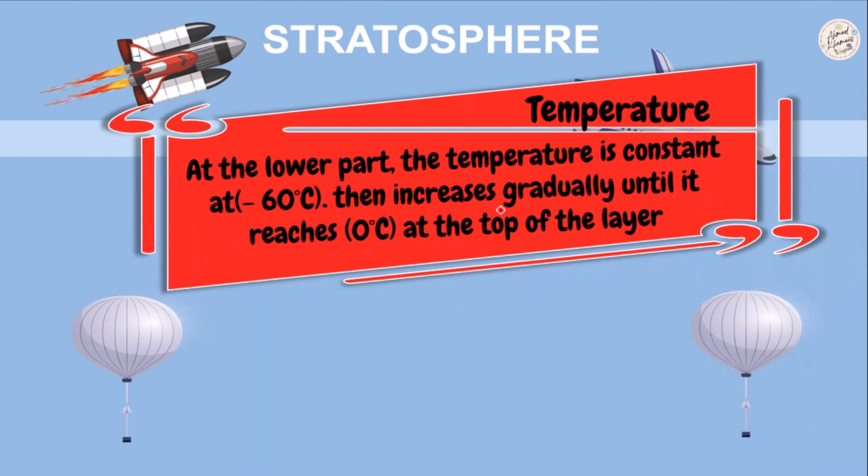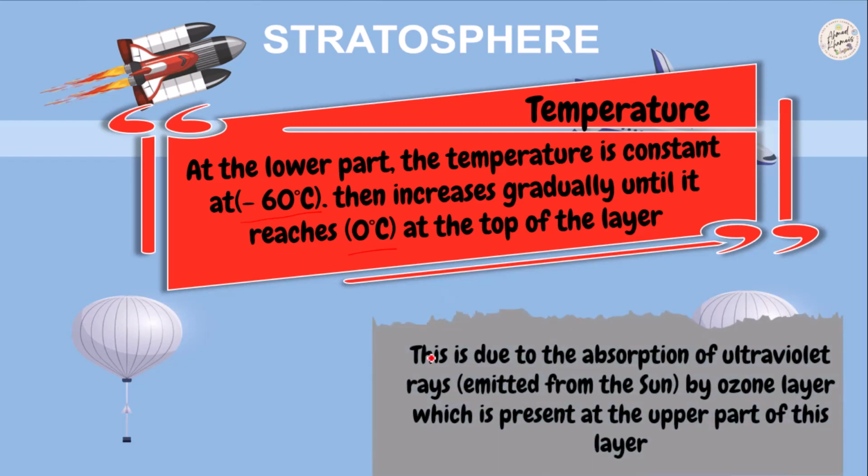The temperature at the lowest part of the stratosphere is minus 60 degrees Celsius, and it increases gradually until it reaches 0 degrees Celsius. So why does the temperature increase in the stratosphere? This is due to the absorption of ultraviolet rays by the ozone layer.